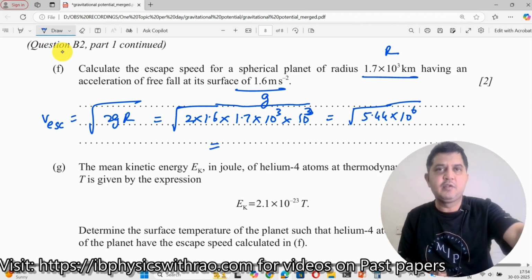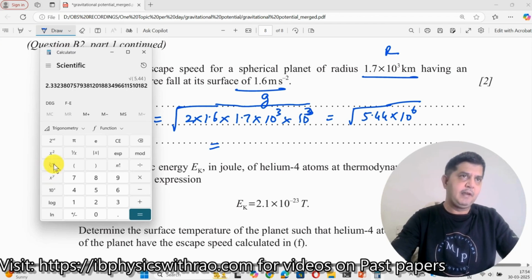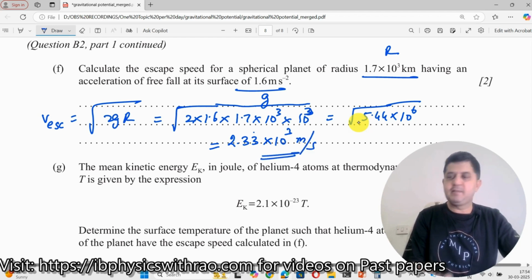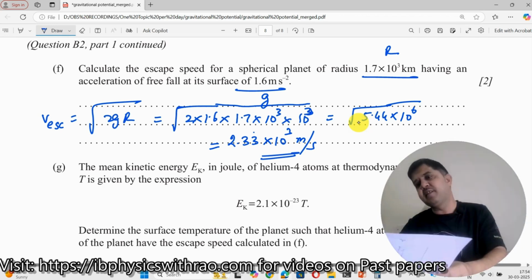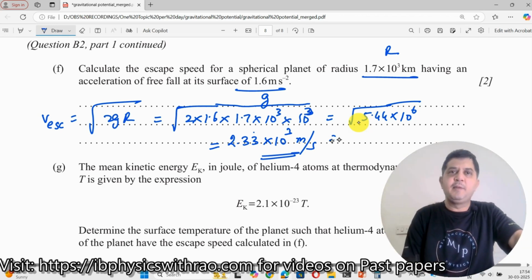And when I take out the square root, what do I get? Root of 5.44 will be 2.33. The answer is 2.33 into 10 to the power of 3 meter per second. Let me just find out whether my answer is correct. Yes. So this should be around 2.3 kilometer per second.